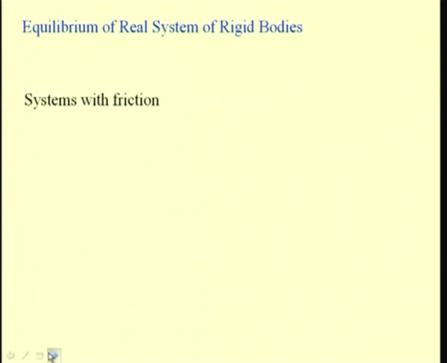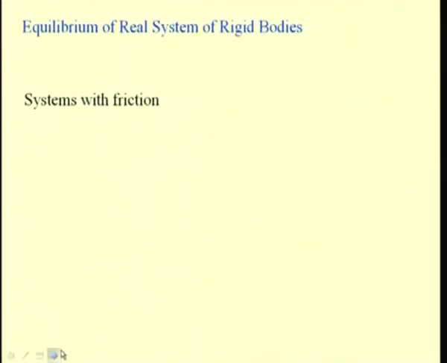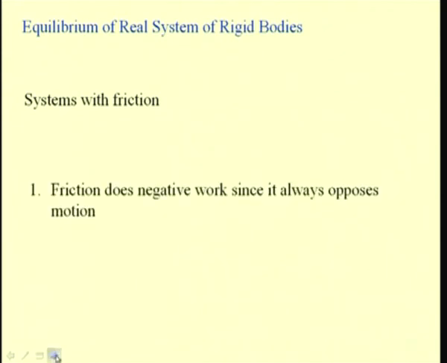So, the real systems of rigid bodies are systems with friction. So, here we consider the effect of the friction when analyzing for equilibrium by this method of virtual work. Friction does negative work since it always opposes motion irrespective of the direction of the motion.